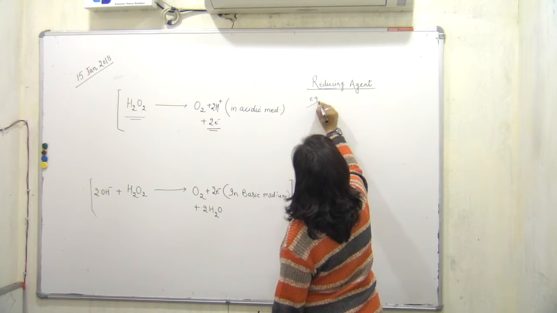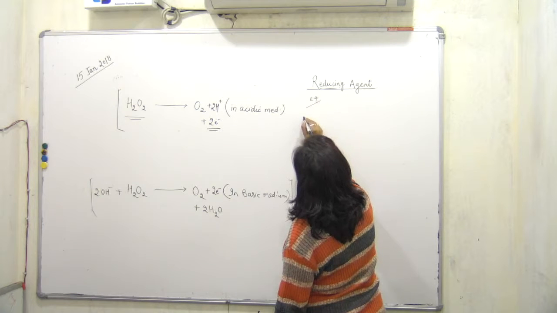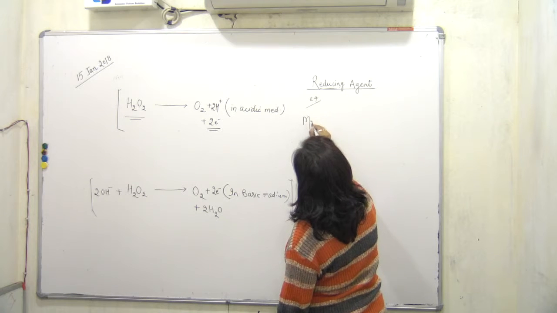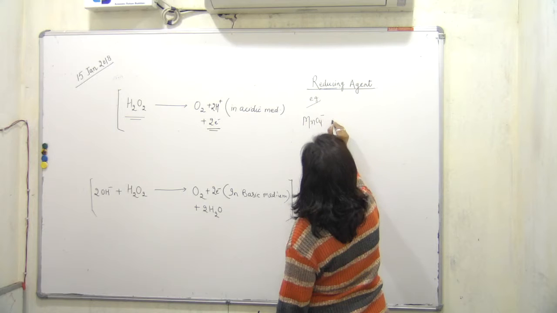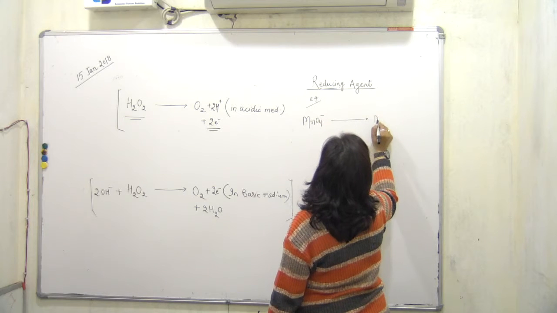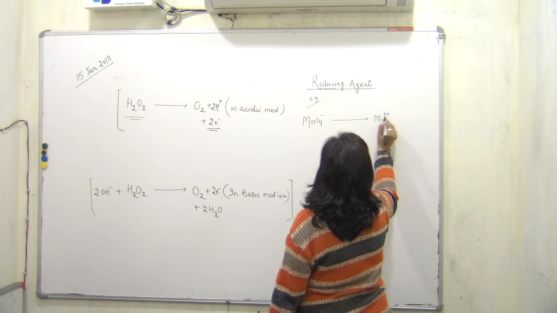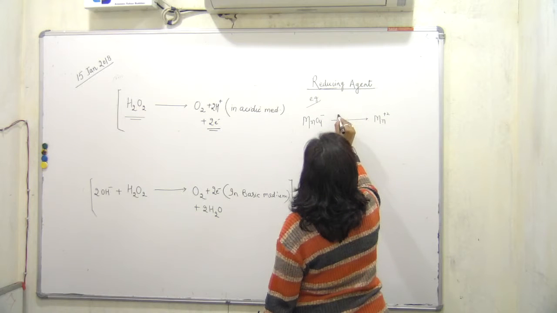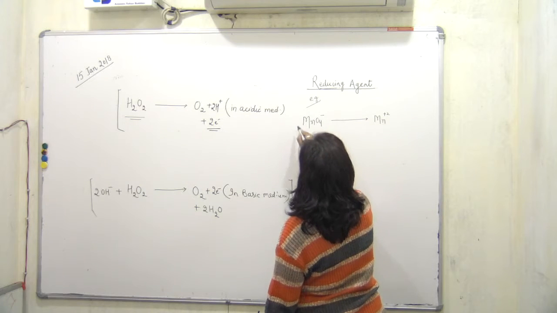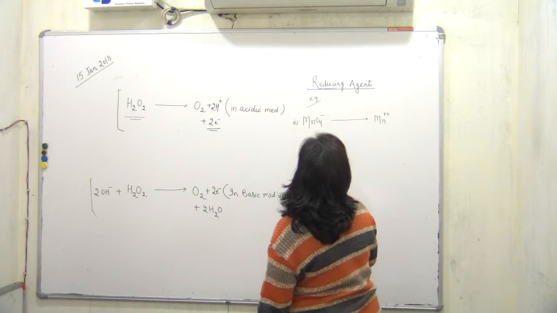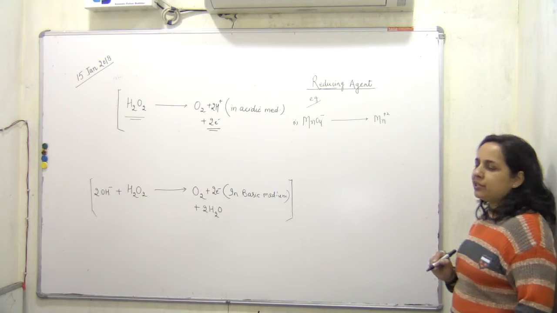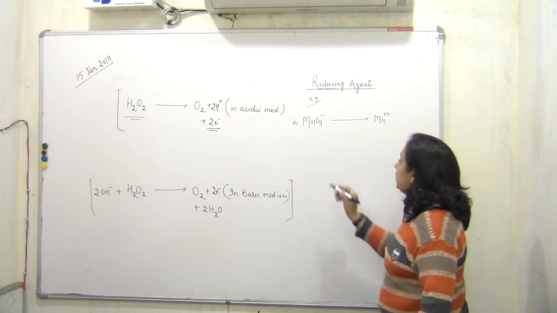Example for reduction. First is MnO4 negative is converted to manganese 2 positive by using hydrogen peroxide. First important reduction is MnO4, which is pink in color.